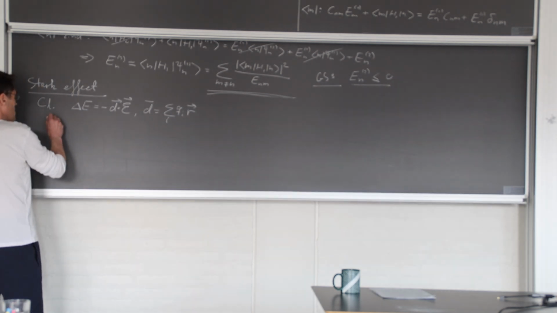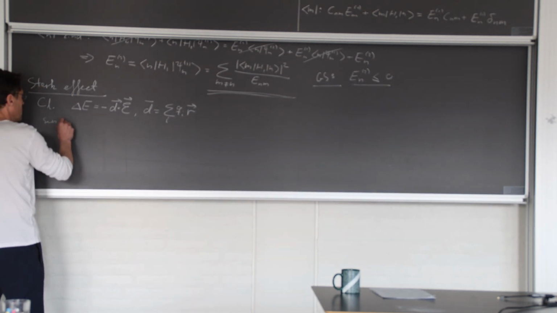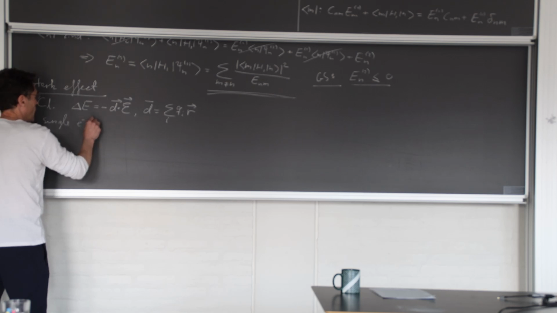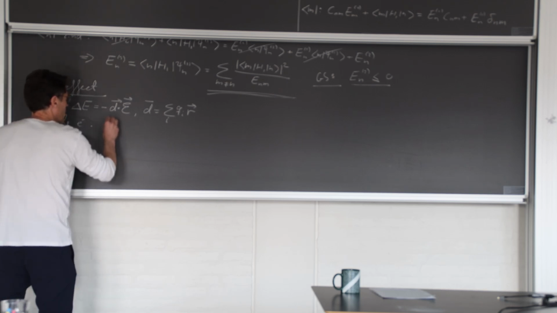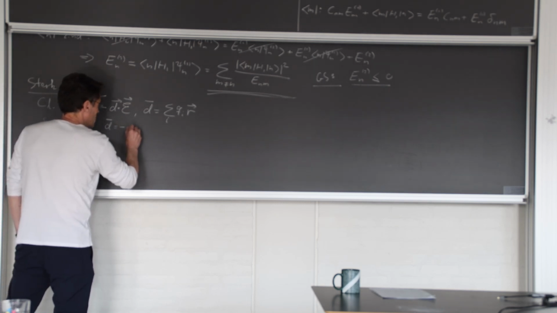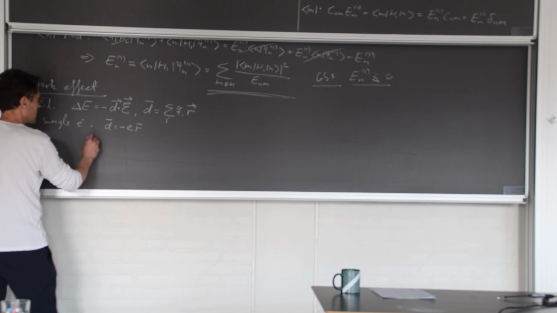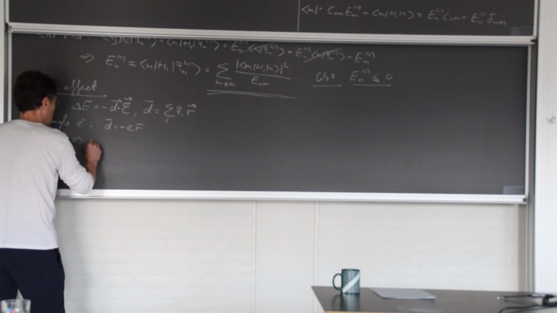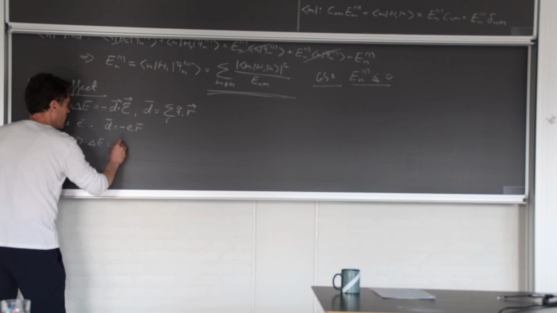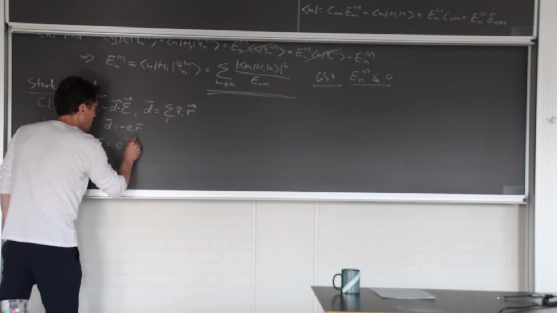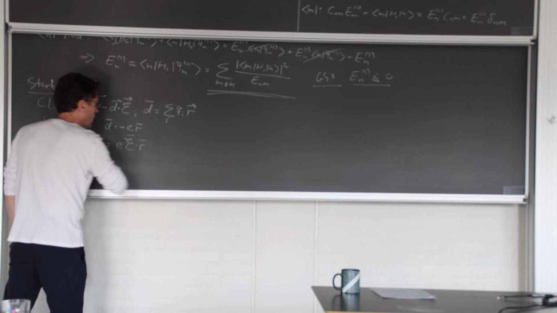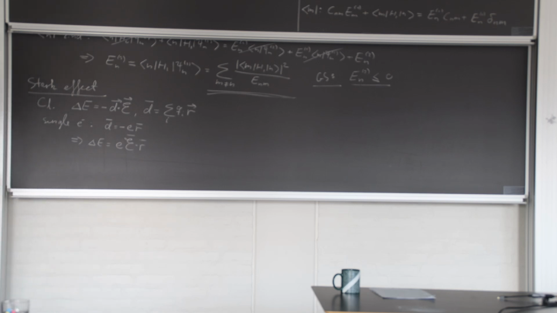But if we have just a single electron, then obviously the dipole moment of that electron is just its charge, which is minus e times r. So for a single electron, this implies that the change in energy is e and then the field dotted onto the position, which is precisely what we had up there.